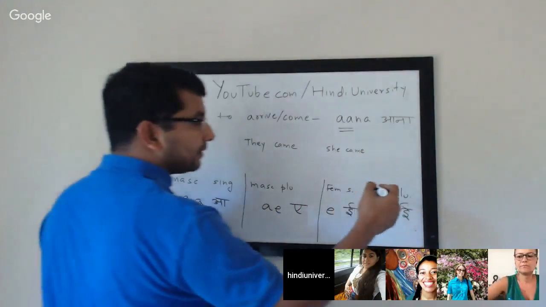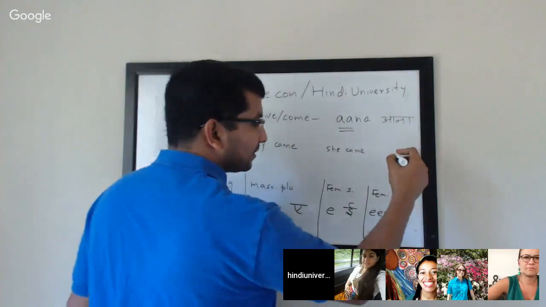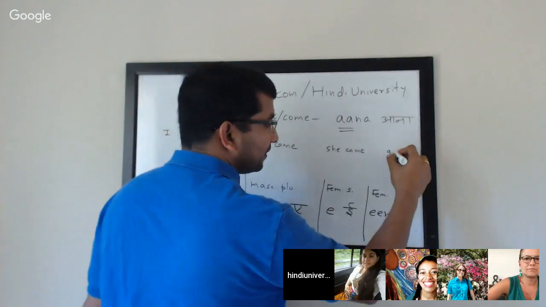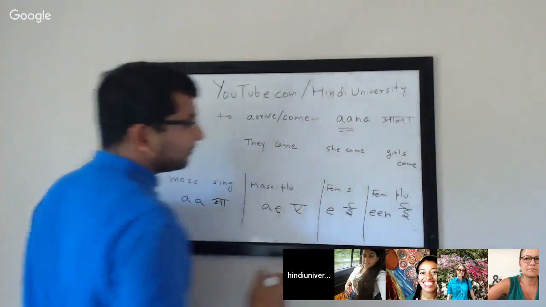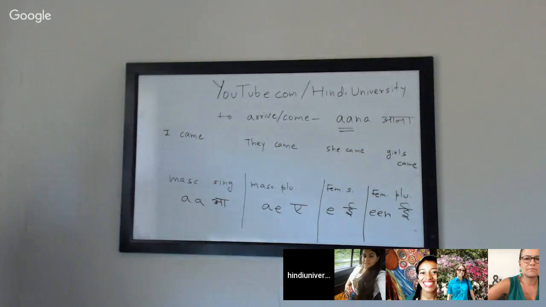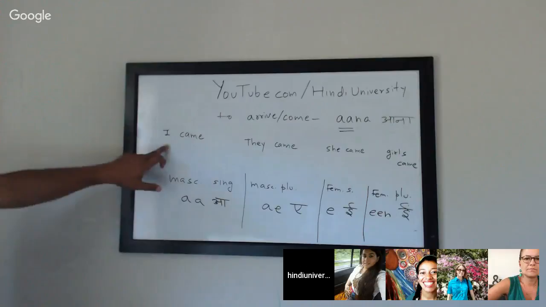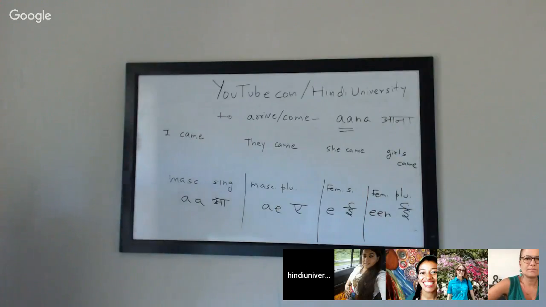And then a group of girls, you're saying girls came. So I hope this further clarifies my question. Give it a try. As I mentioned, there is no negative marking. Okay, very good.